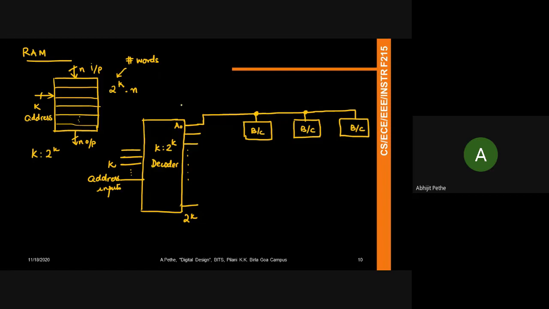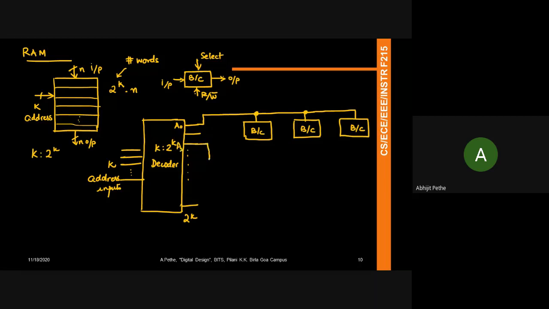Let's recall what the bit cell block diagram looked like. It had a select line, a read write, an output, and an input, right? Now similarly, let's take A2, say.